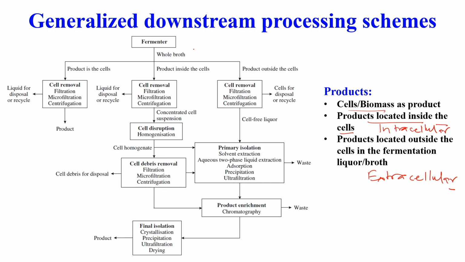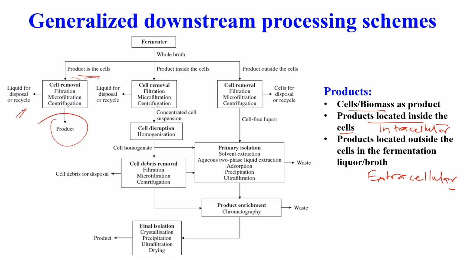Now, you are having the whole broth. What you are going to do? First, you are going to remove the cells. The first condition is the product is the cell. So, you remove the cell, you got the product.